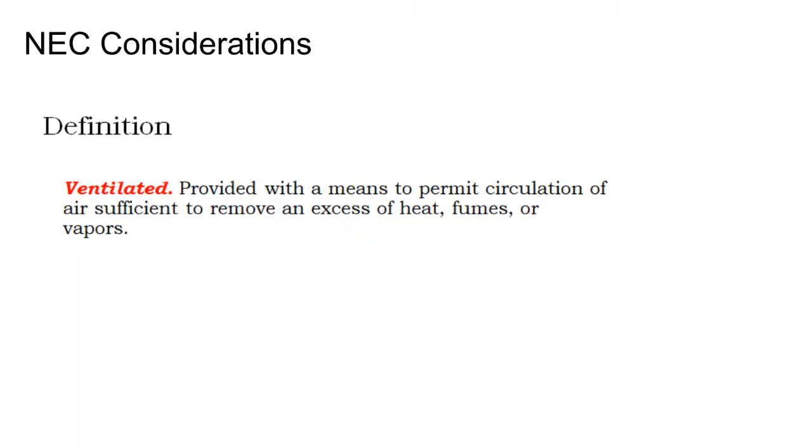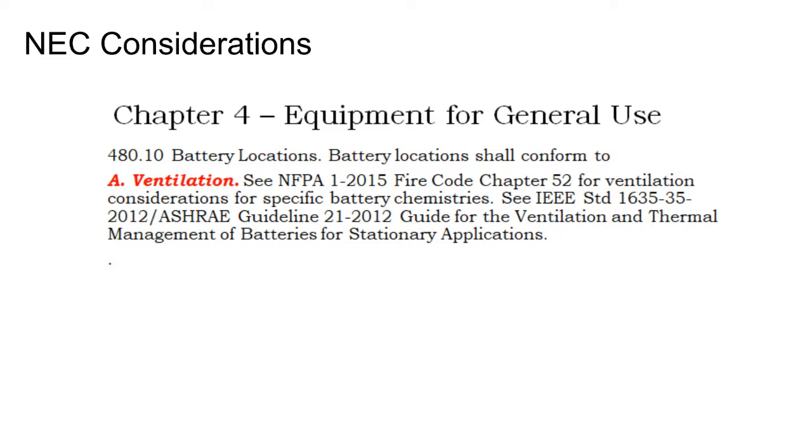Our room will need to be ventilated, and we'll get into what that means in a little bit. There's two different requirements, so we'll see what that means. The ventilation requirements show up in a couple of different spots in National Electric Code.